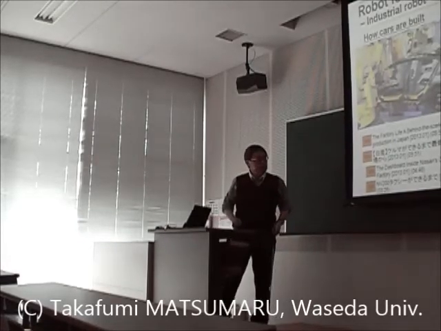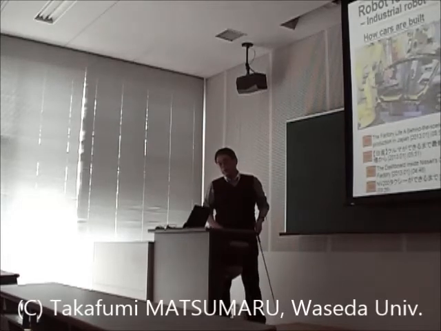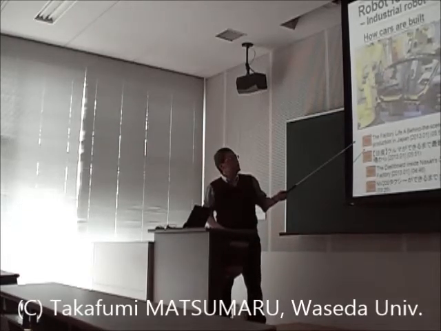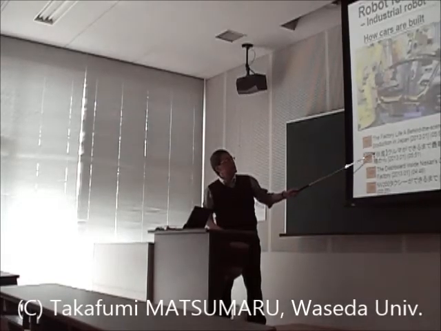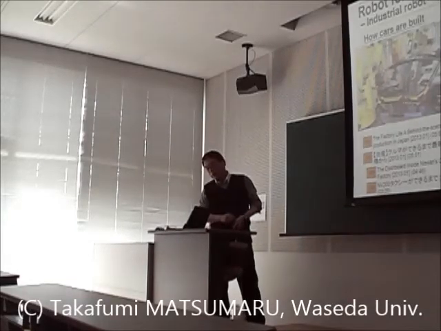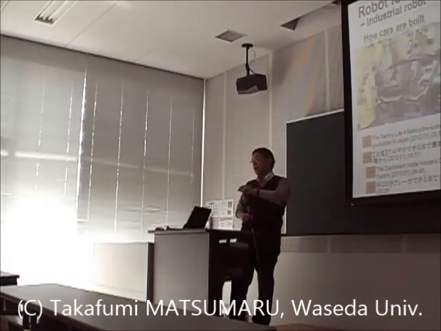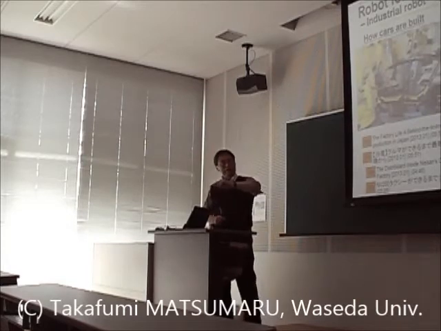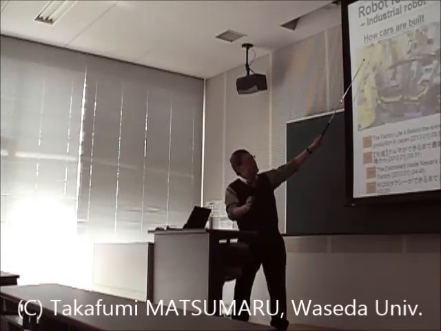So this is today's subject. You should watch this movie. For example, this Nissan video is very interesting because it follows the manufacturing process clearly, and you can understand how cars are built.